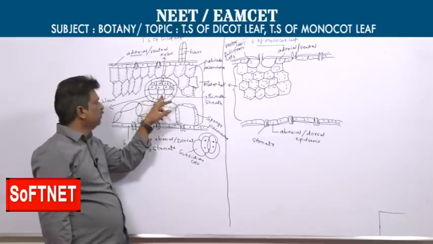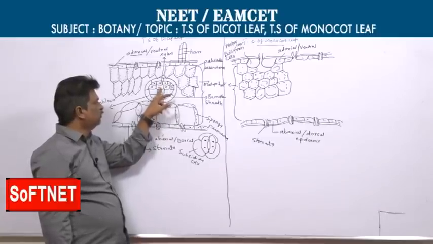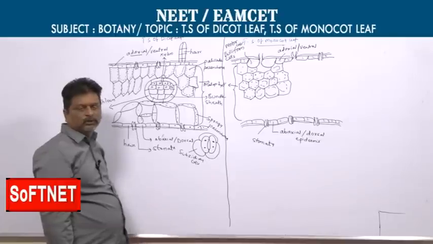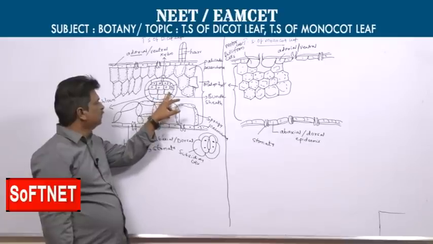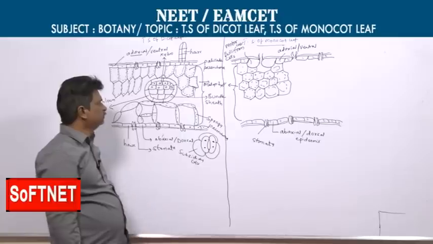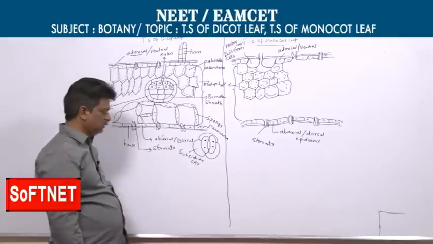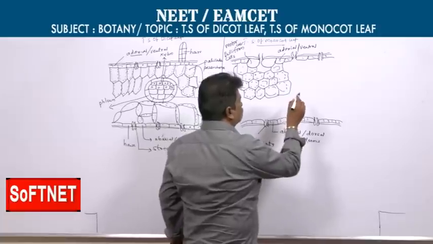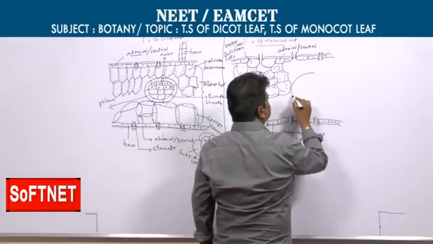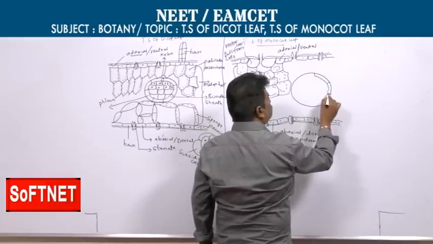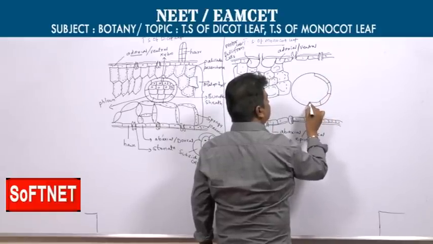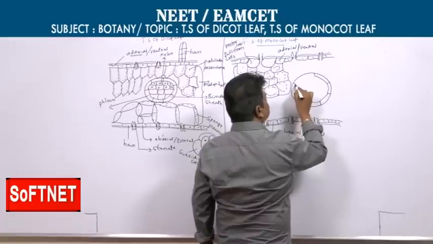Then xylem and phloem are both joined, called conjoint. Between xylem and phloem, cambium is absent, called closed vascular bundles. Vascular bundles are collateral, conjoint and closed in both dicot and monocot leaves.